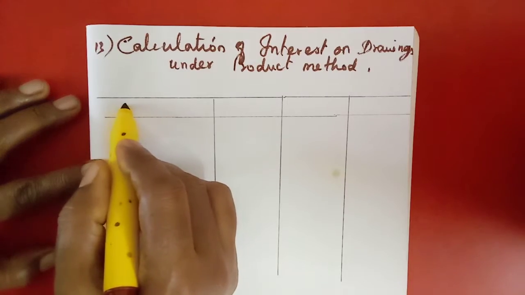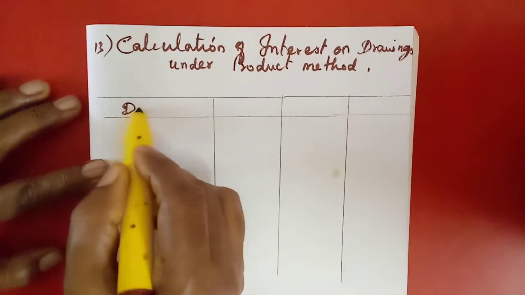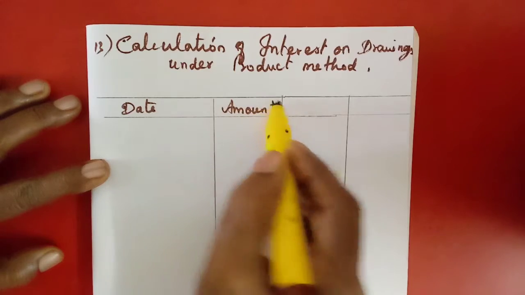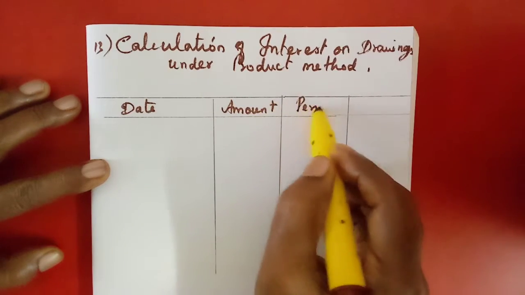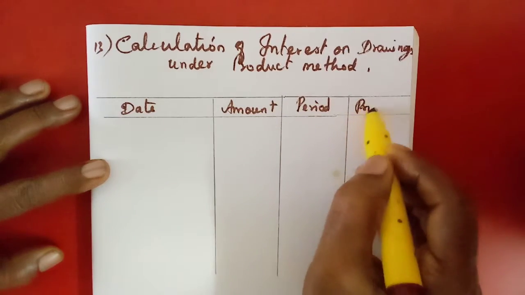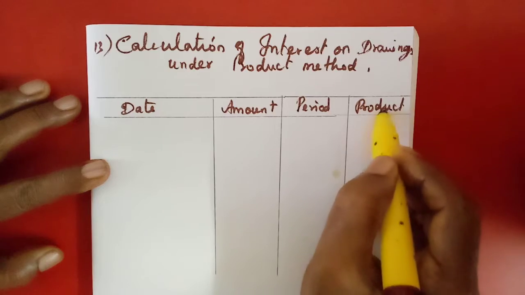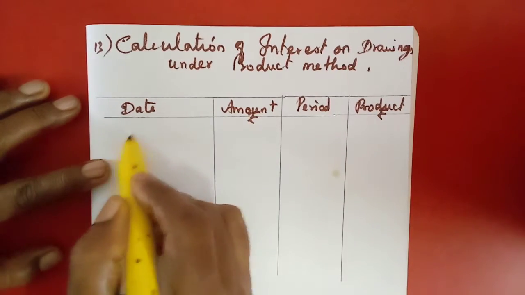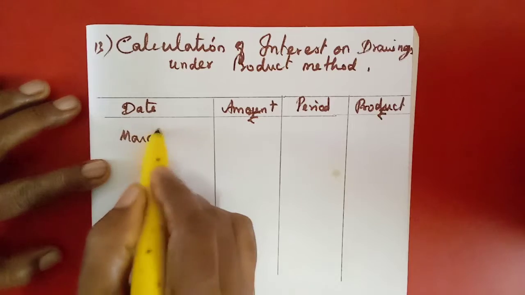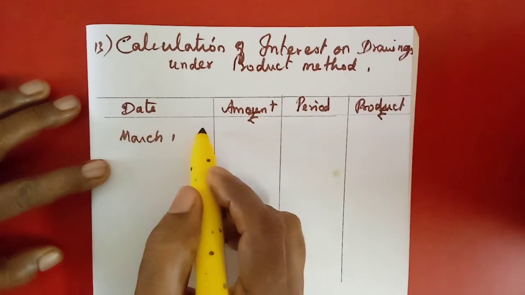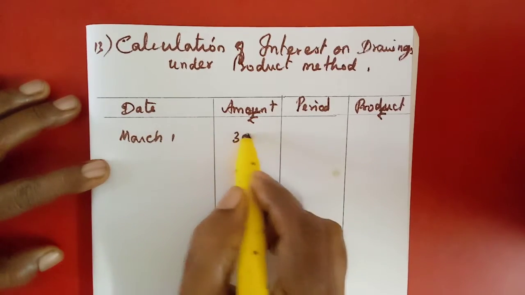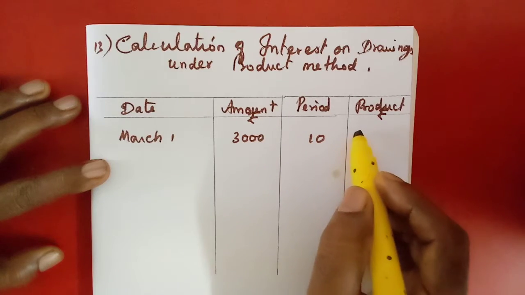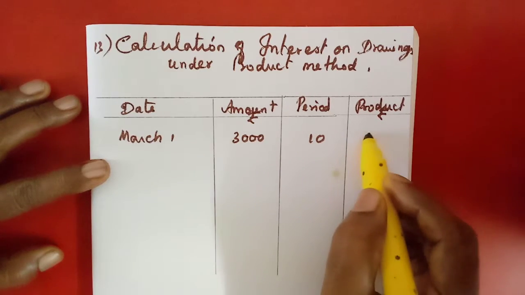Here: date of drawings, amount of drawings, months period, product, all in rupees. First he withdraws on March 1, amount 3,000, for 10 months, from March to December. So 30,000.